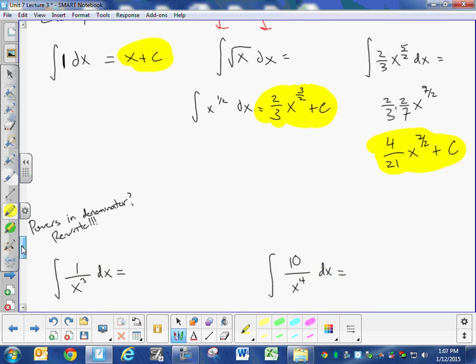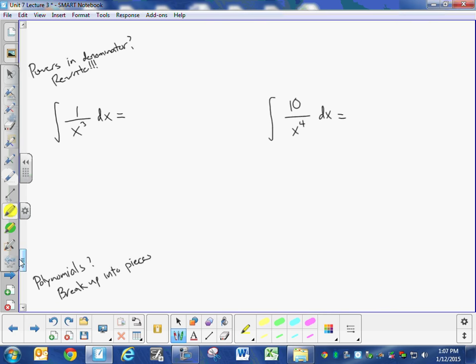Okay, lots more. You have a power in the denominator, so rewrite. This is kind of like going back to day 1 when I first taught you the power rule for taking derivatives. I said don't use the quotient rule because you don't know it yet. Instead, rewrite everything. We're going to rewrite stuff for antiderivatives as well.